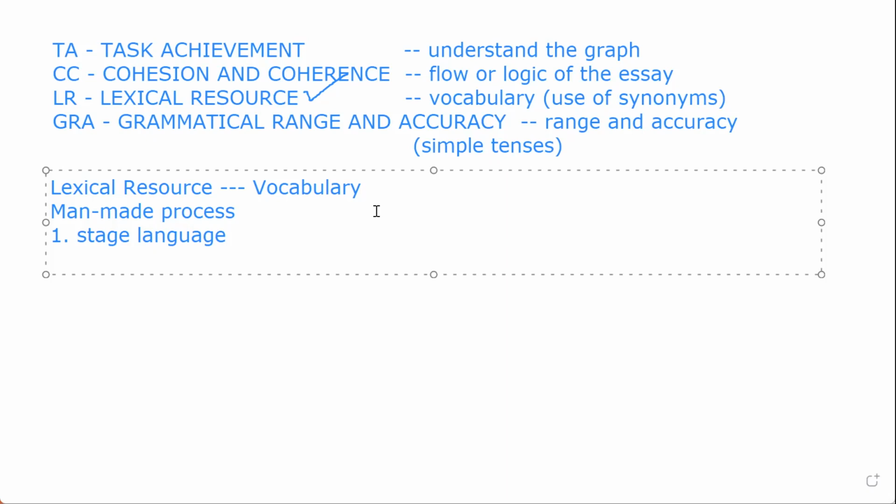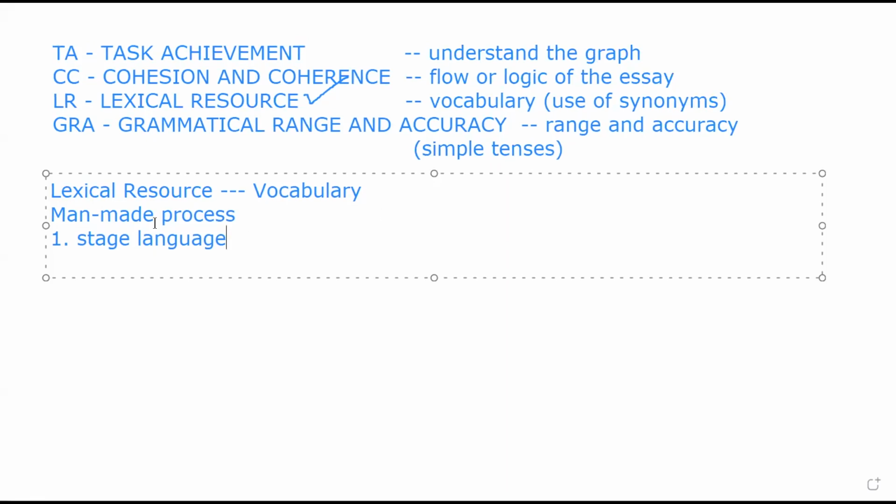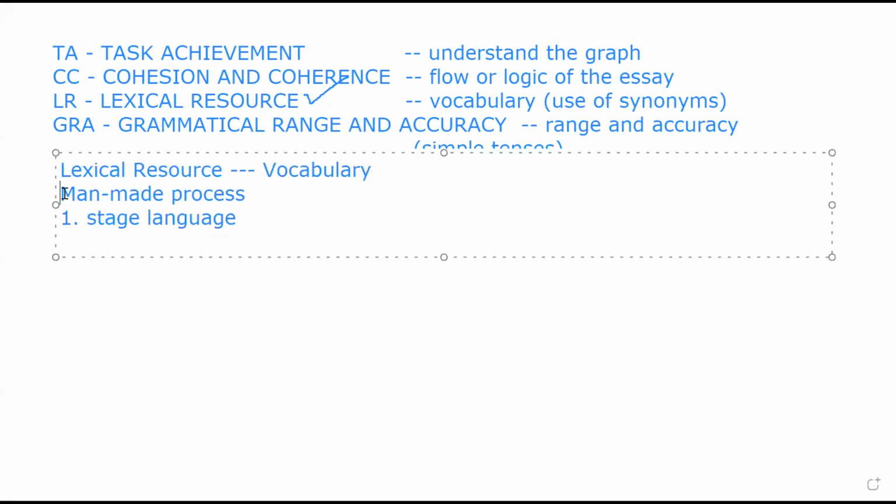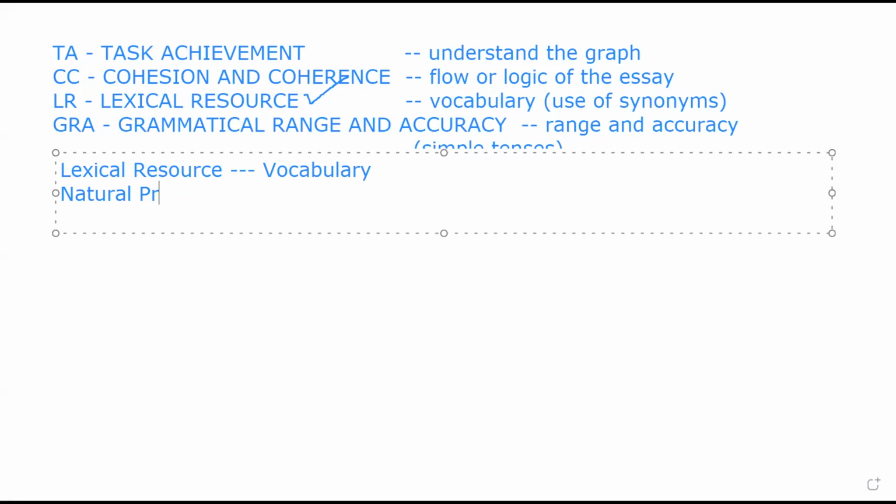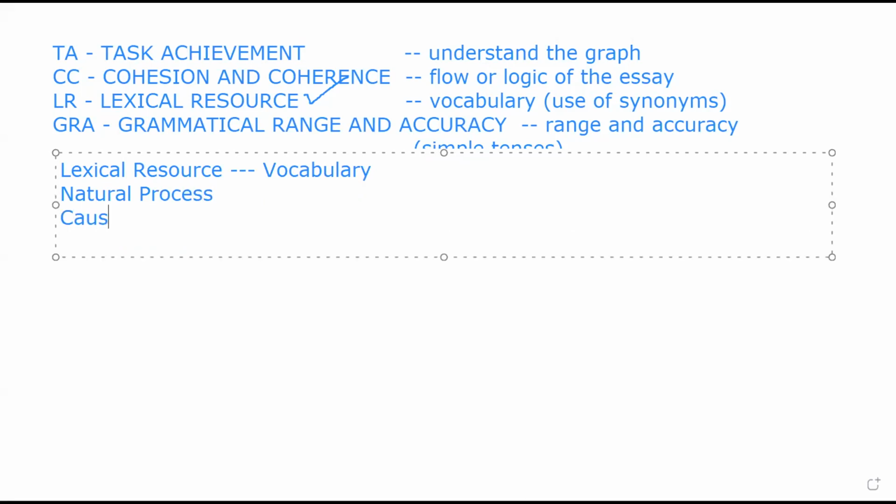Now for natural process. Okay. Natural process. The main vocab here is the vocab of cause and effect and synonyms. So this is what cause and effect vocab looks like.